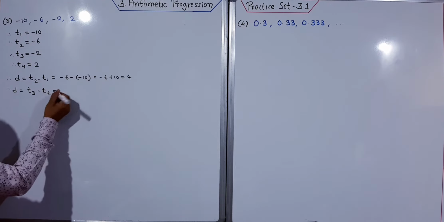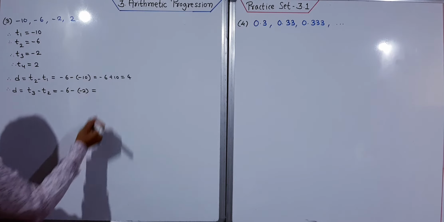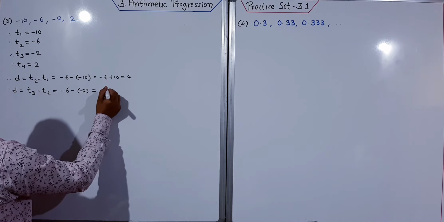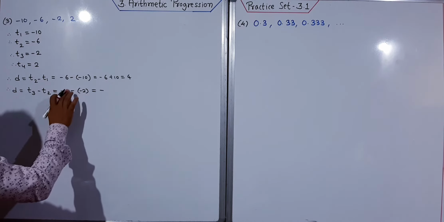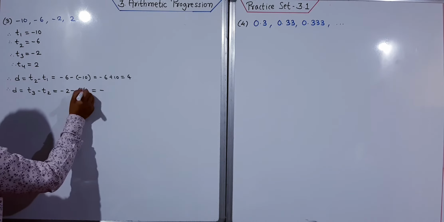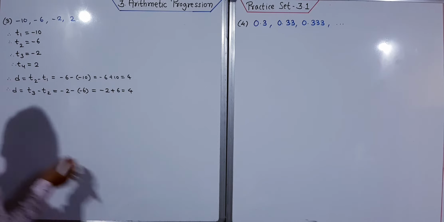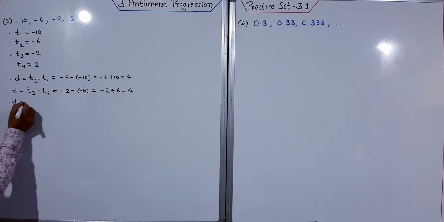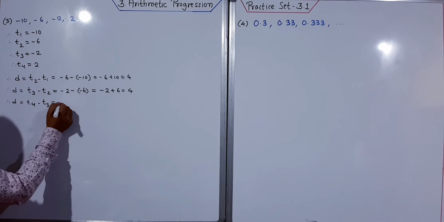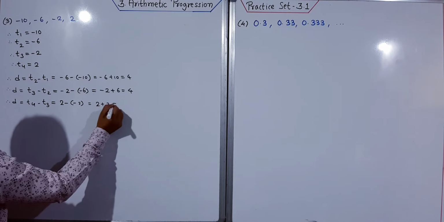So minus 2 and minus 6, it is minus 2 plus 6, so it is 4. And D is equal to T4 minus T3. So it is 2 and minus 2, so it is 2 plus 2, it is 4.